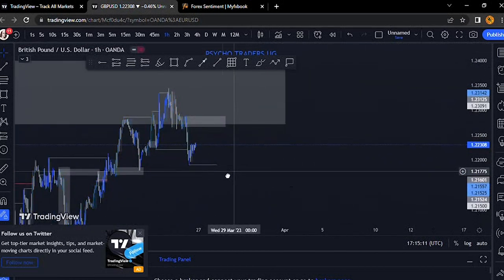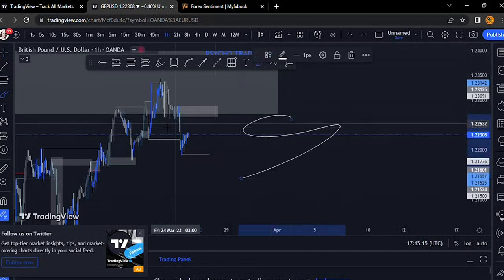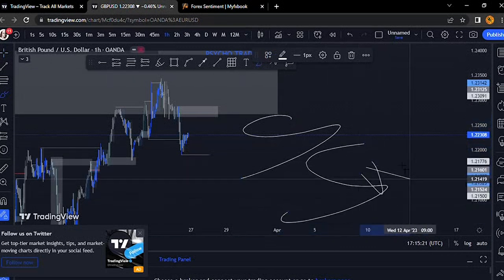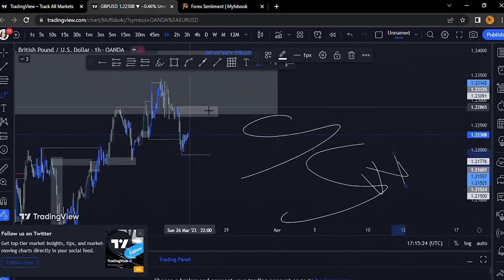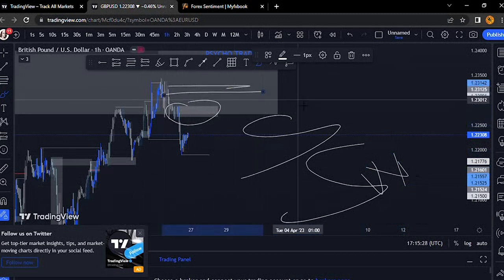So we have to merge up these 3 things. First of all is structure, and this is the structure narrative that we have right now. We have the SND rule. We have this SND right here, and also the extreme SND. We look at 2 SNDs, the SND that broke structure and also the extreme SND.